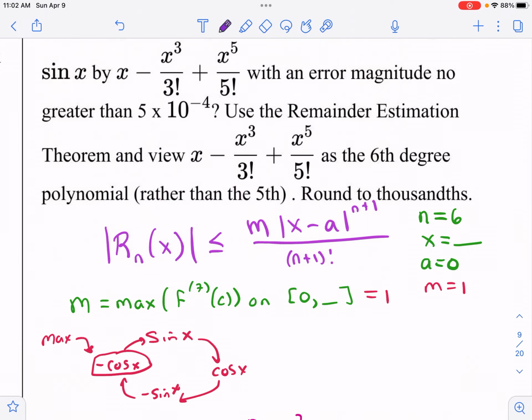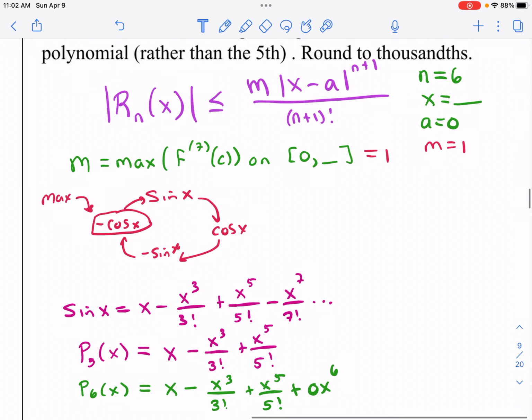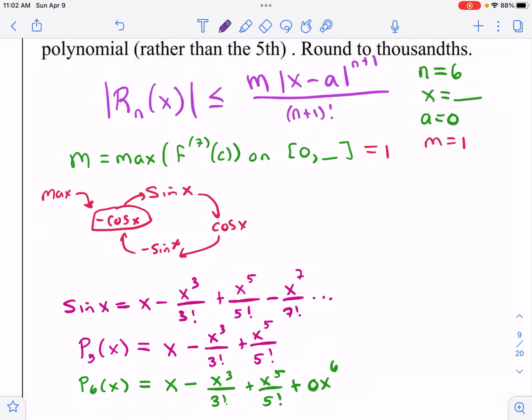Okay, now let's plug everything into this inequality. Our n is 6. The error when using the 6th degree polynomial is going to be less than or equal to 1 times the absolute value of x minus 0 to the n plus 1, the 7th, divided by 7 factorial.